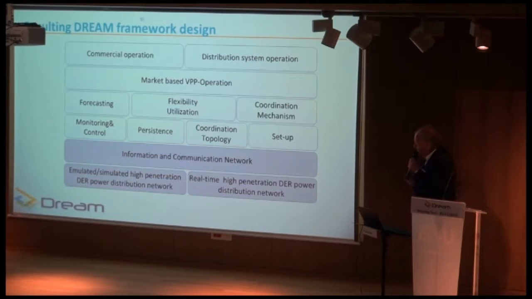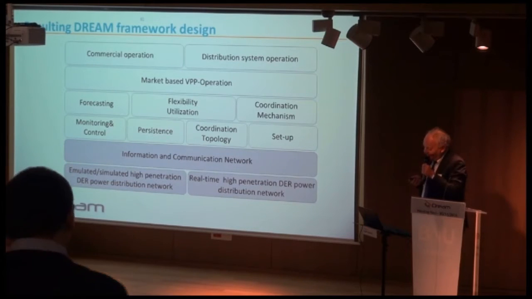So we have a layered architecture. We start at the bottom with the information and communication network. Then we had a number of libraries, so to speak, called packages, which have to do with monitoring and control, persistence, so that's data storage and what data is needed at what location, at what time.